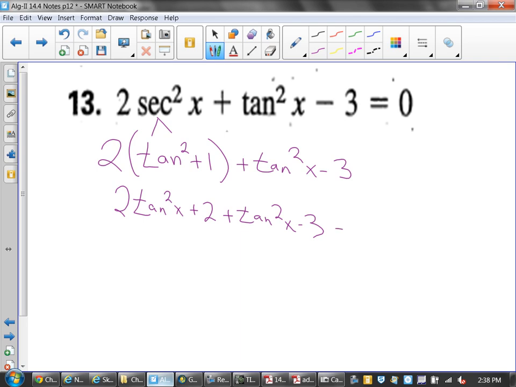This is all equals 0. Are we okay with that so far? Okay. What's 2 tangent squared plus tangent squared? 3 tangent squared. What's 2 minus 3?